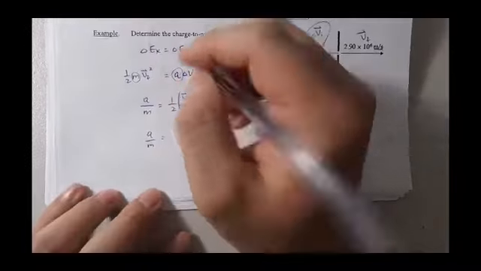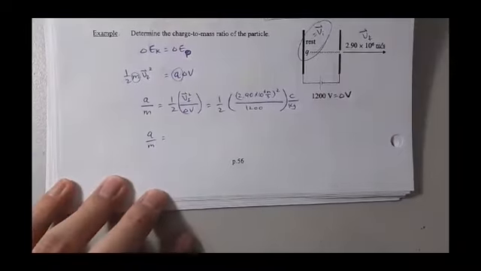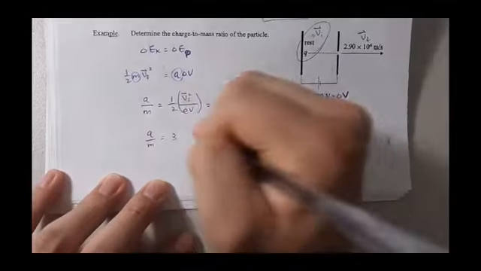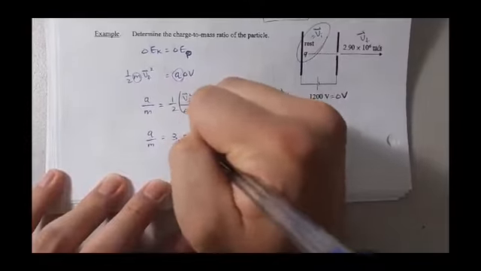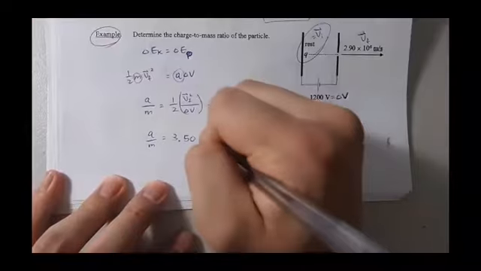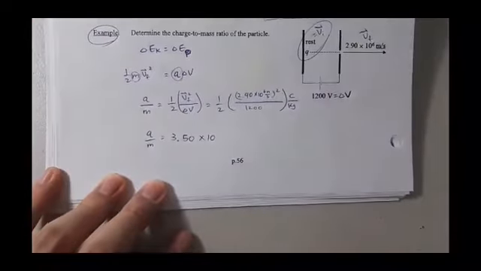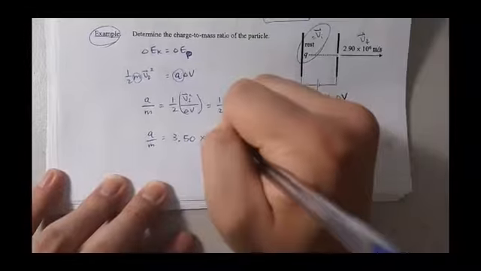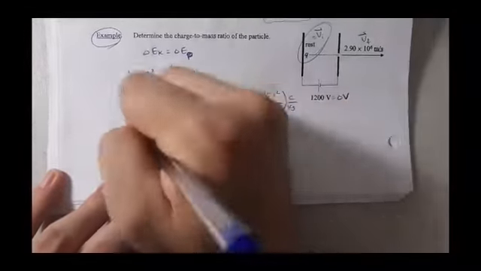And I have, in this situation, 3.50 times 10 to the power of 9 C per kilogram.